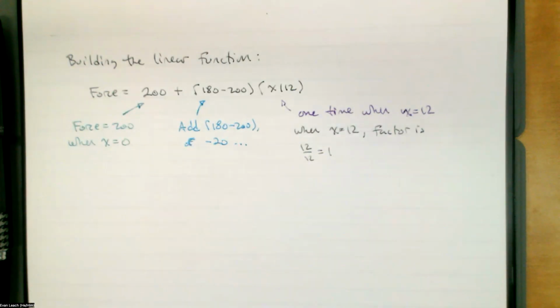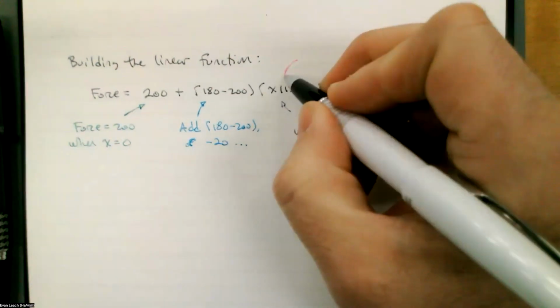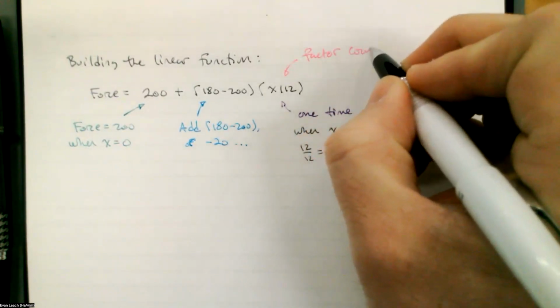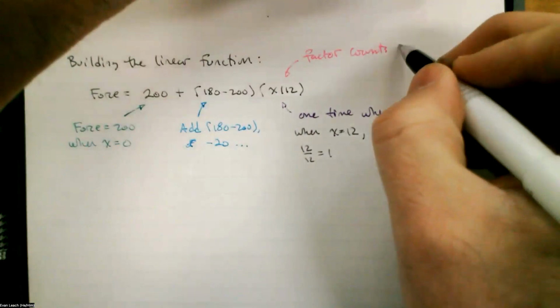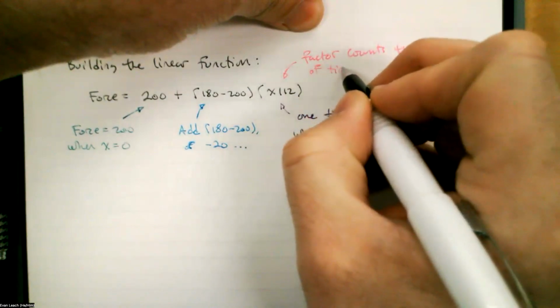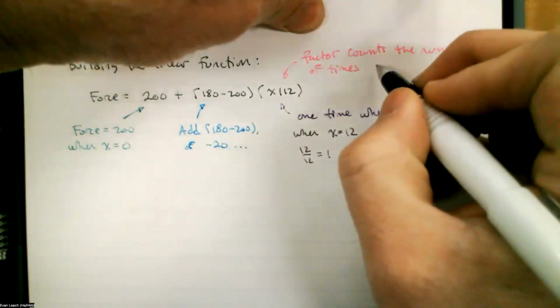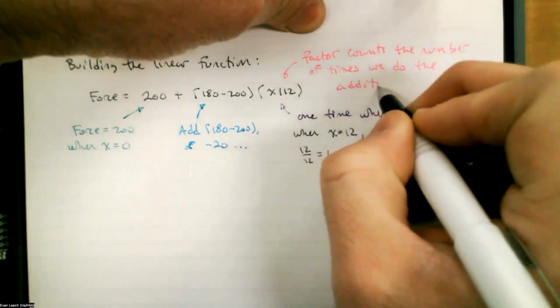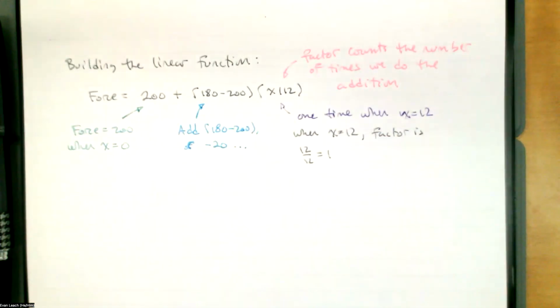X over 12 is the factor that counts the number of times you do the addition. This is how linear functions work. This factor with the x, that factor counts the number of times we do the addition. It's included as a factor.